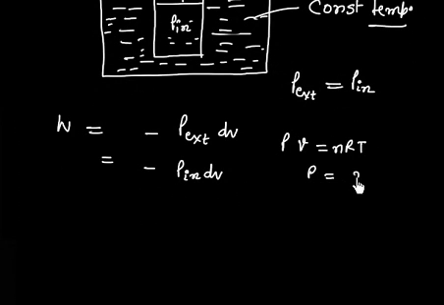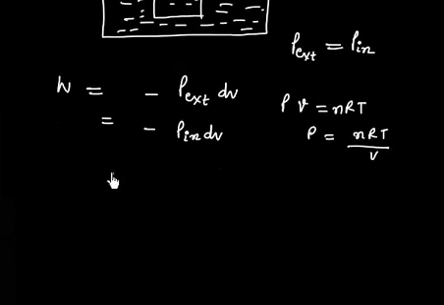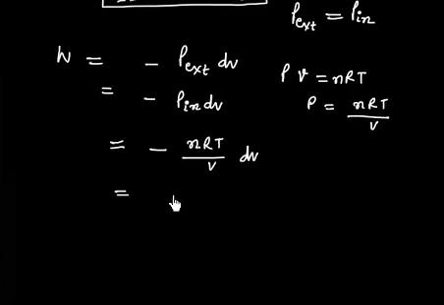So what we have, P is equal to nRT divided by V. So we can have nRT divided by V dV. Now I can take nRT dV by V. This is minus, so this is my work done.